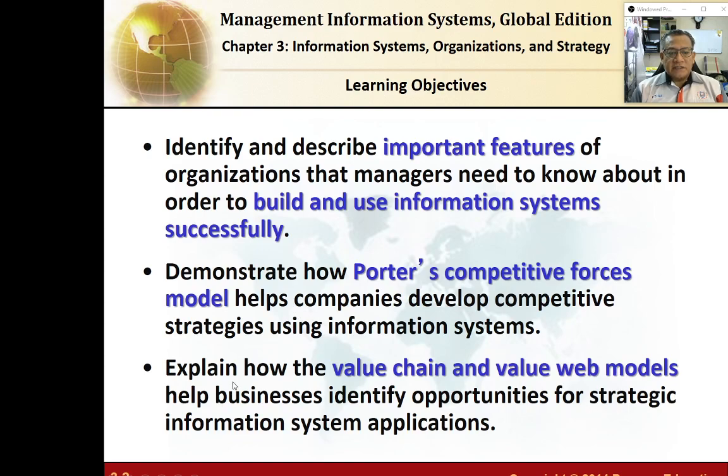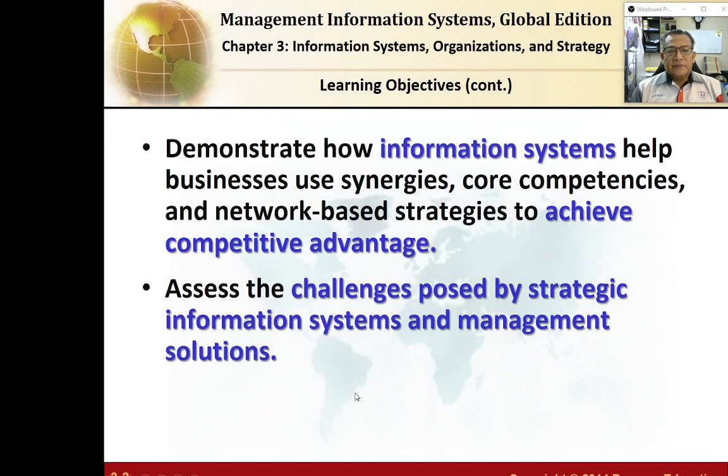The third learning objective is that I need to assist you to explain how the value chain and the value web model help businesses identify opportunities for business information systems and their applications.